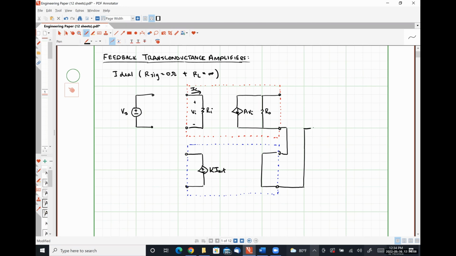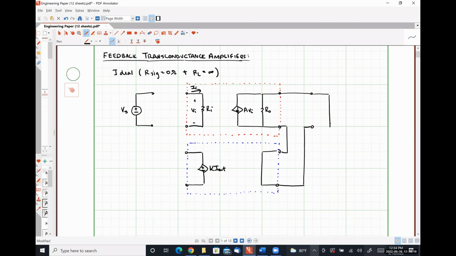So here's our series connection. And our output port, looking in through here, is where we'll see our output resistance with feedback.